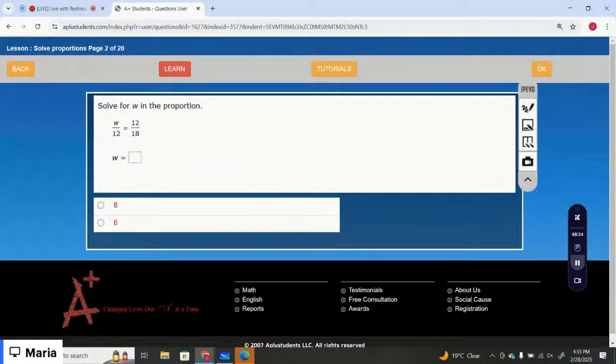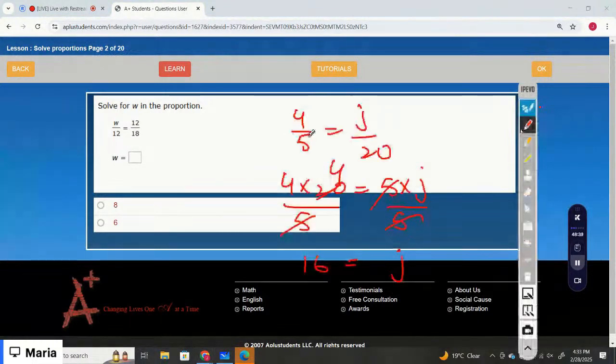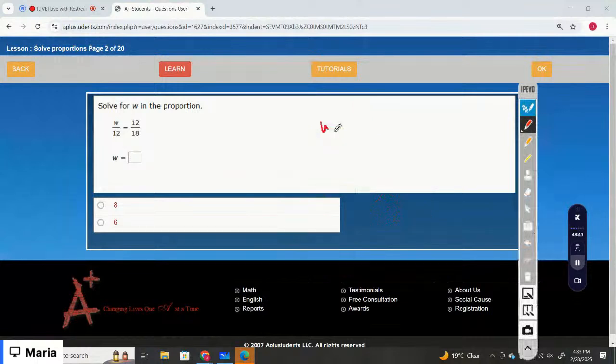Solve for W. That is W divided by 12 equals 12 over 18. So W times 18 equals 12 times 12. Now divide both sides by 18.